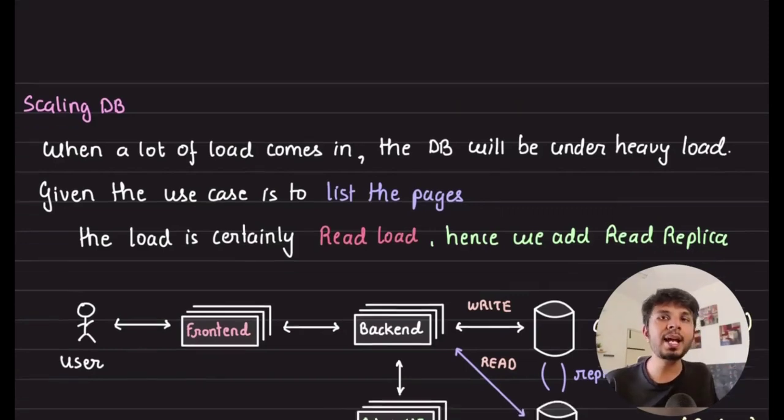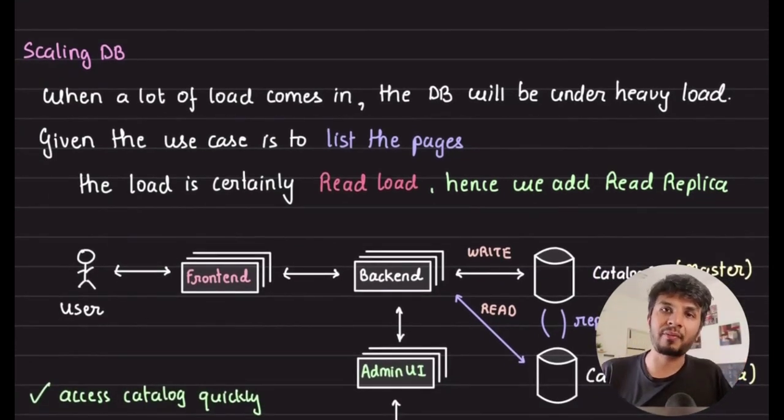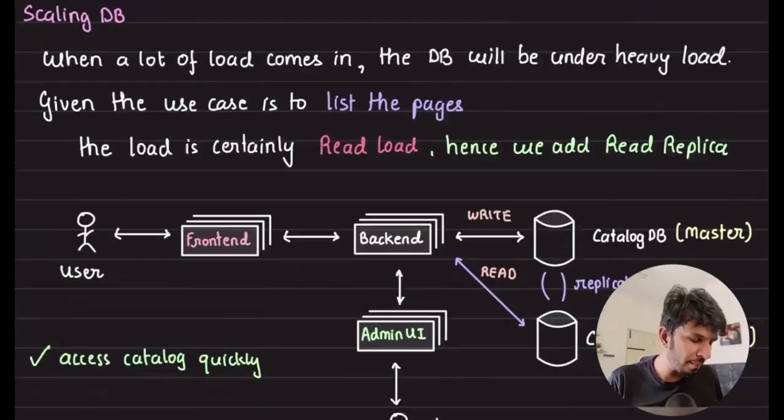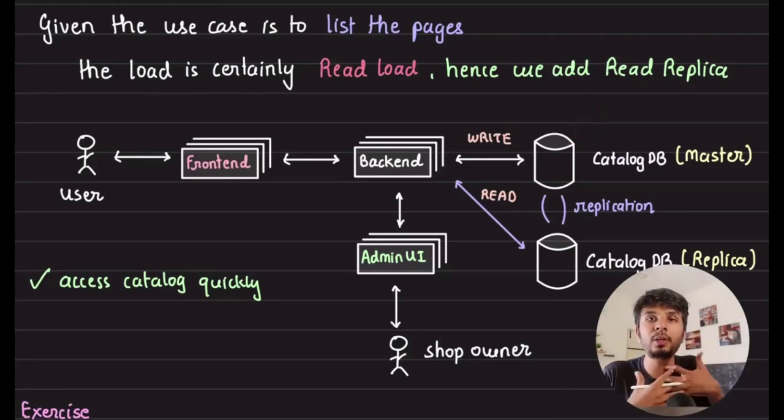And I've deliberately added this sort of constraint so as to emphasize read heavy traffic. Given that no end user is writing anything to the database, only reading from it, there might be a huge read traffic happening on this DB. It could be possible that this one database is not able to handle the incoming read load.